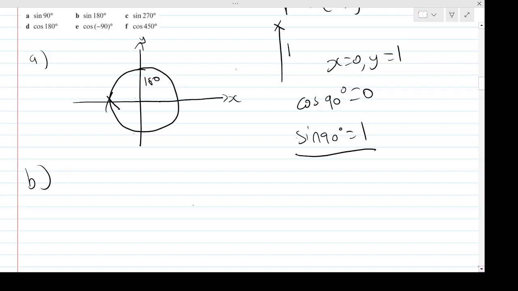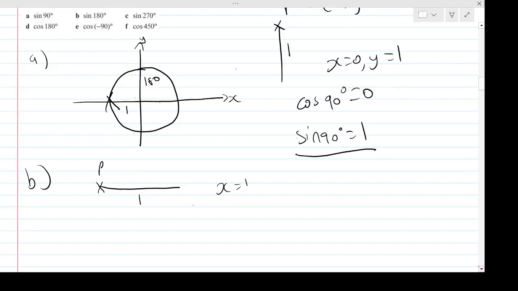Again, that means if our point P is there, it's just a horizontal straight line. So in this case, the length would again be 1, because that's the radius. There's no y coordinate, it's just the x part.